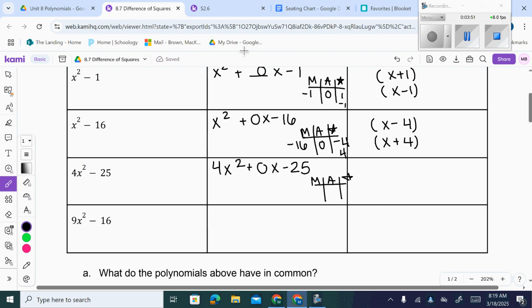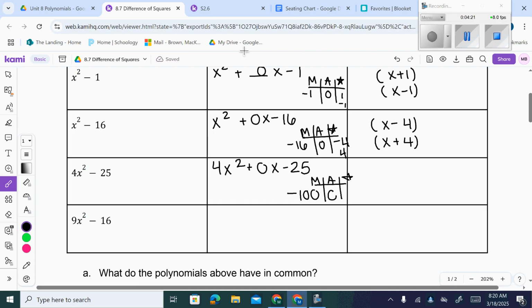What are we multiplying to? Not quite. I'm not multiplying to -25. Where did she get -100 from? -4 times 25. Okay, good. So -100 is what we have to multiply to. What do we have to add to? 0.